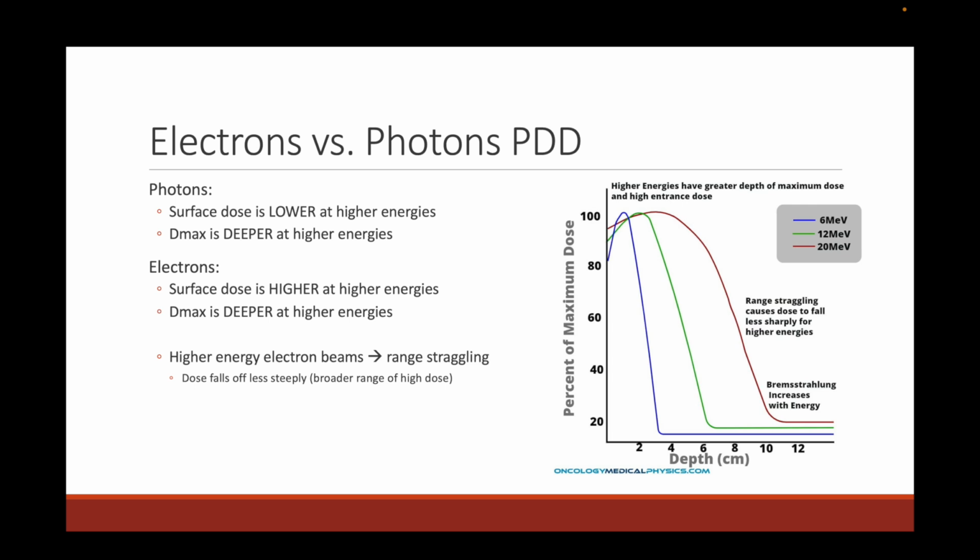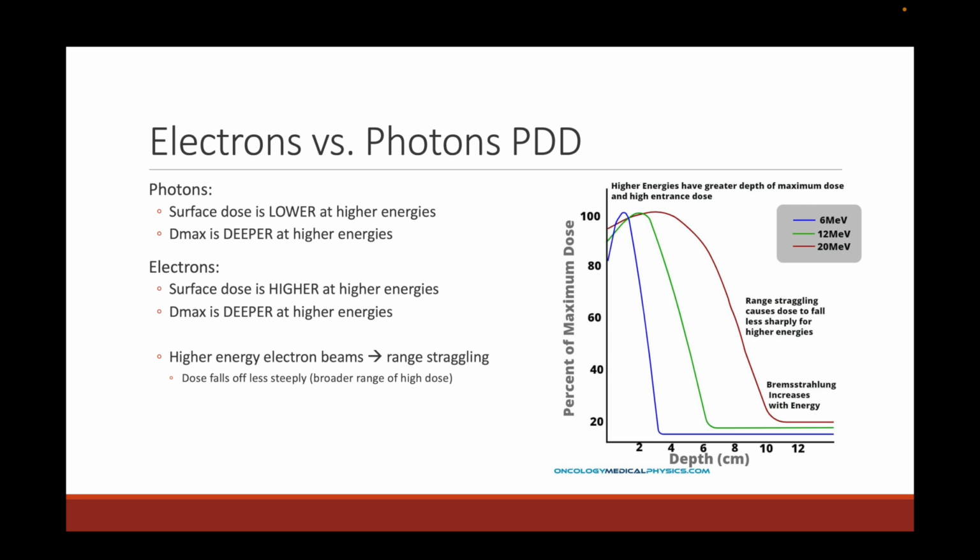However you want to think about it, whether you remember the mechanism and try to understand the physics of what's happening, or you just remember that the D max for both is deeper at higher energies, but only for electrons is the surface dose higher at higher energies, and for photons it's the opposite, I think just really commit that to memory. Once you understand that most important concept, everything else makes more sense logically.